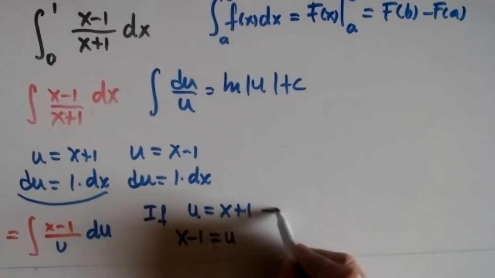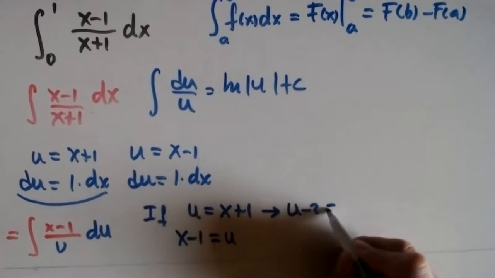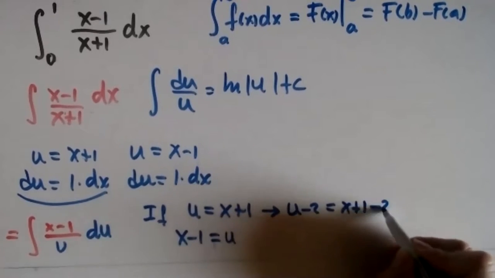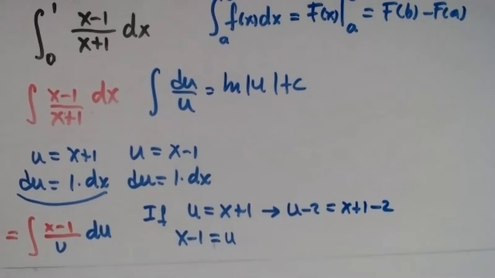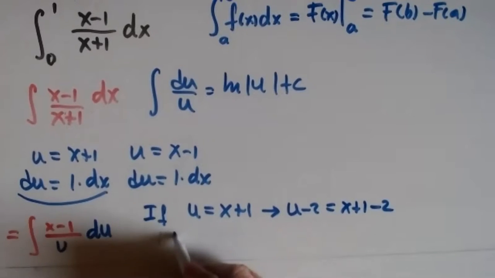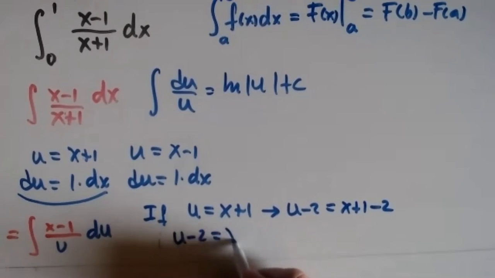So it's like this. u minus 2 equals x plus 1 minus 2, correct? And then you get x plus 1 equals u minus 2, correct? So everybody, let me just put it right here. u minus 2 equals x plus 1 minus 2.